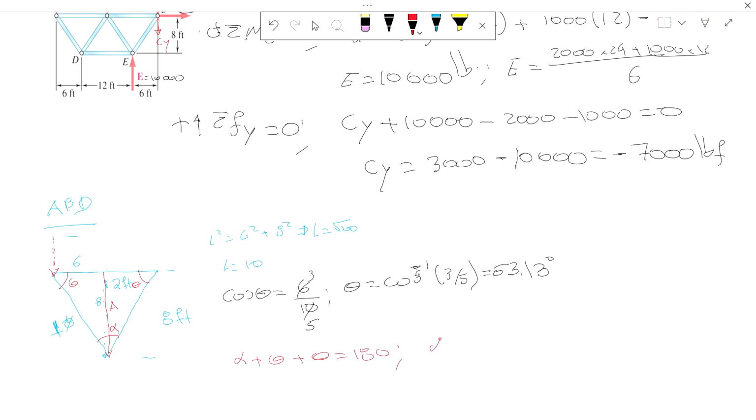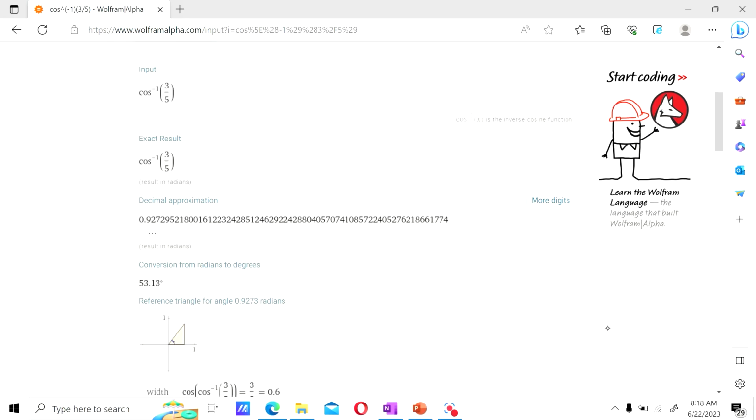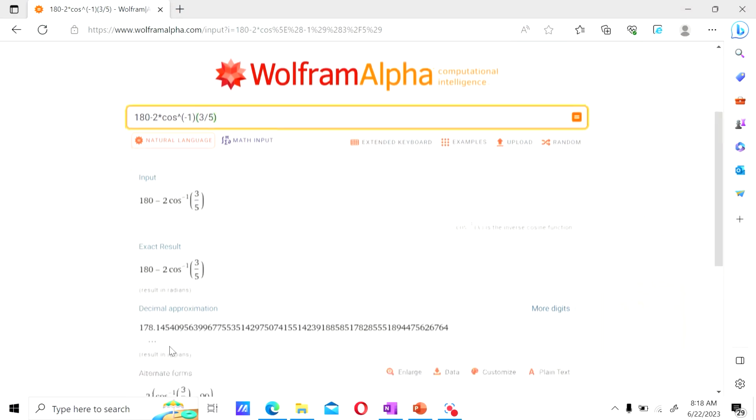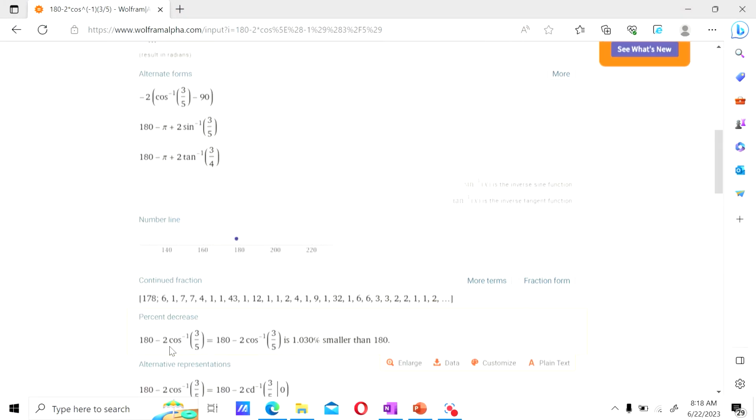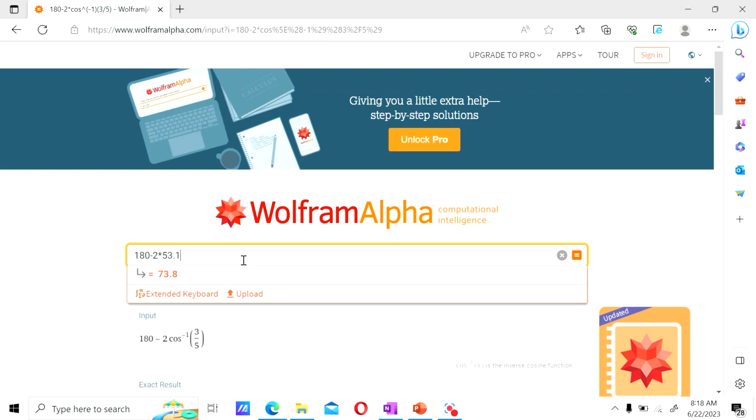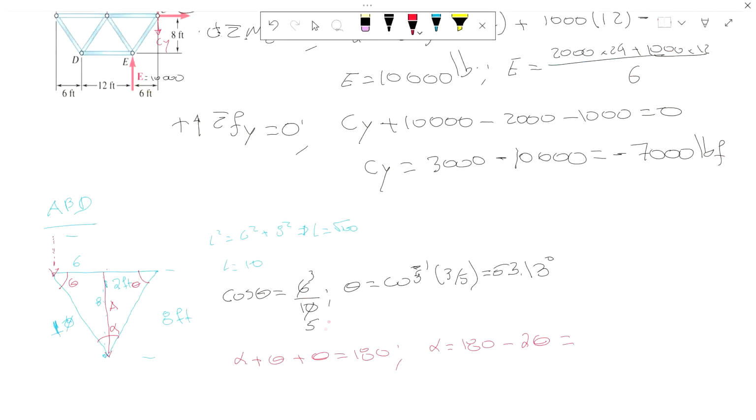In other words, alpha equals 180 minus 2 theta, which is 180 minus 2 times 53.13.